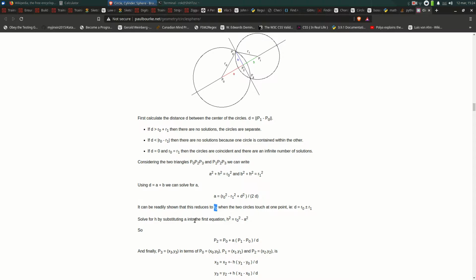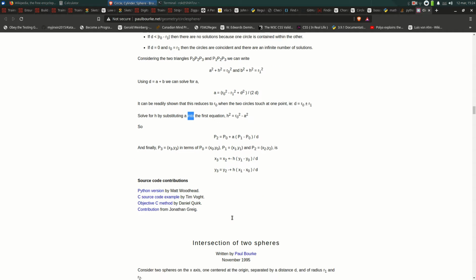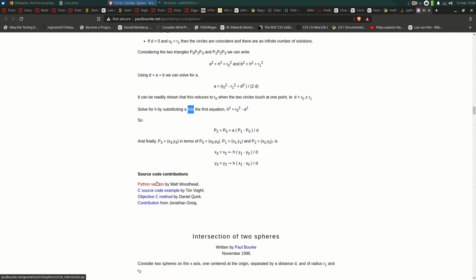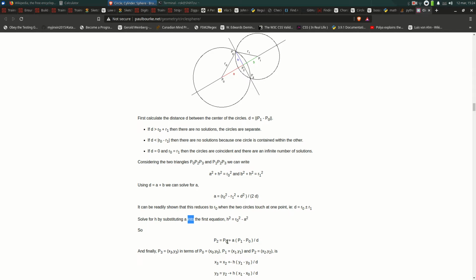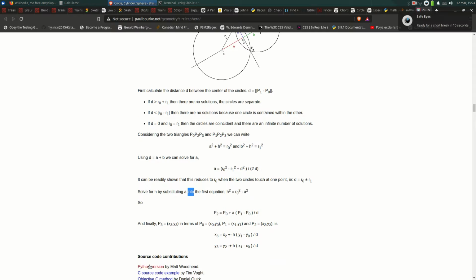The circles touch at once, so that P2 equals P0 plus A. What?